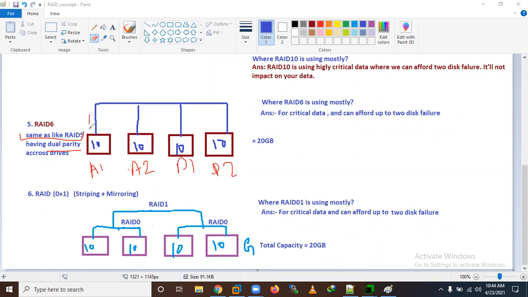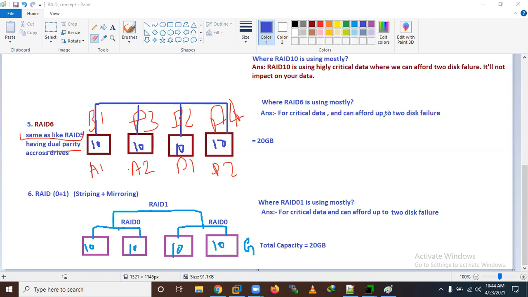And again, suppose now B1, and the distributed parity is also here. Let us suppose it is P3, and here B2 and P4. So you have dual parity.